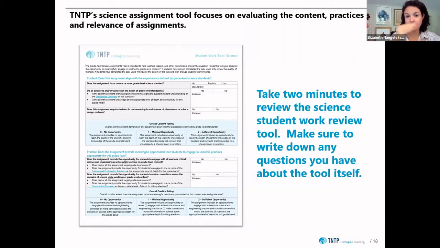So if the materials don't ask kids to reach the depth of the standards, it's much more challenging to have the instruction that happens with the lesson also meet the depth of the standards. So if we want them to meet the demands of the standards, their plans and the student tasks have to start there. So for that reason, when we think about access to the 4 key resources, we look at assignments before we start to think about classroom observation.